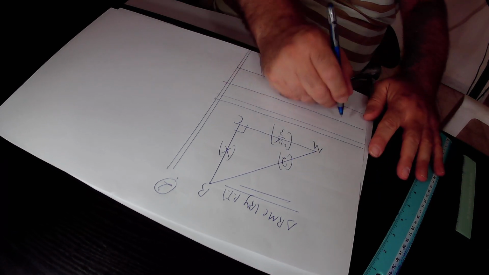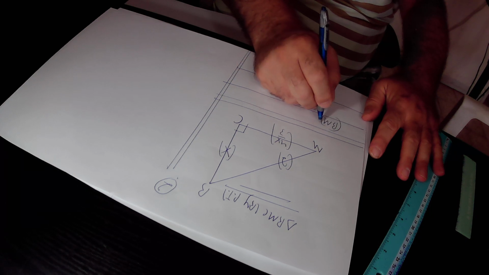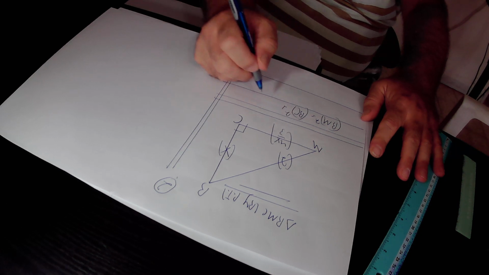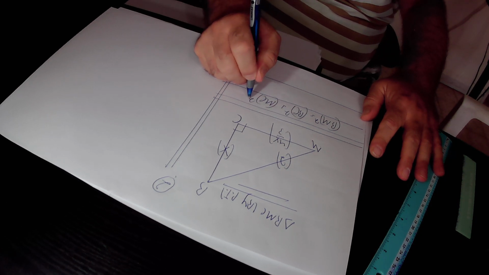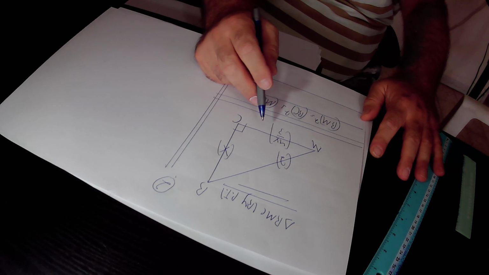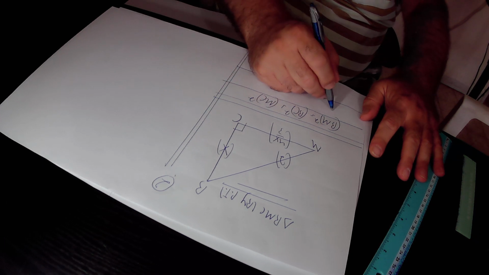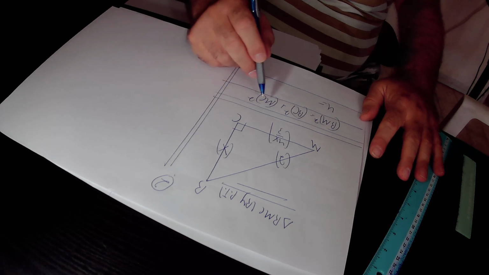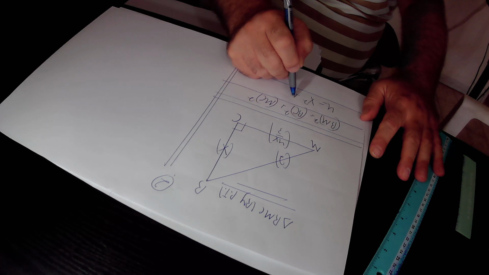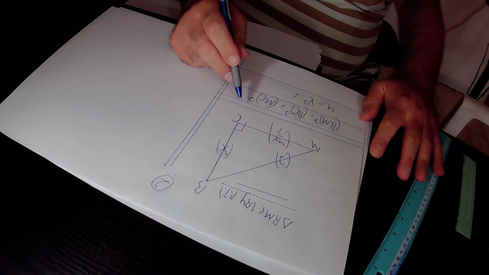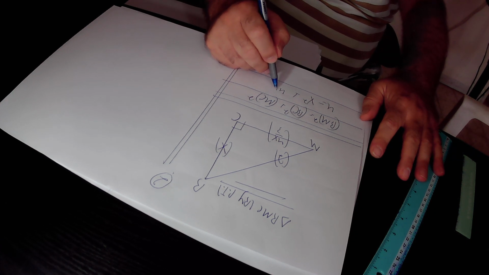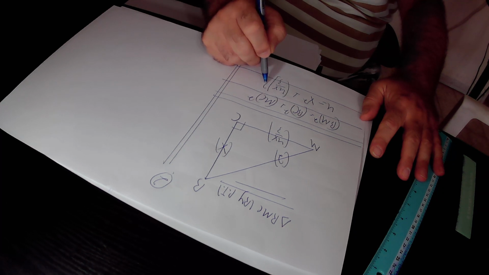BM is 2, therefore BM squared is 2 squared, that is 4, and it is equal to BC squared. BC is x, therefore BC squared is x squared, plus MC squared. MC is 4x over 3, therefore MC squared is 4x over 3 squared.